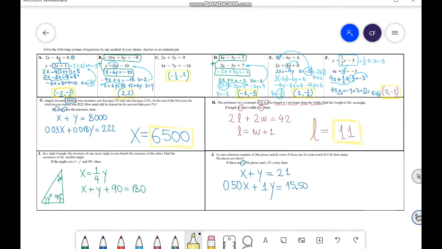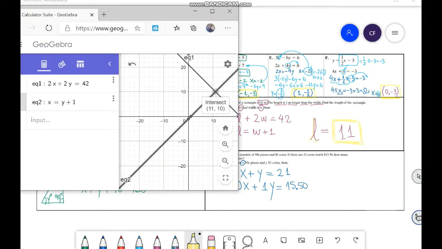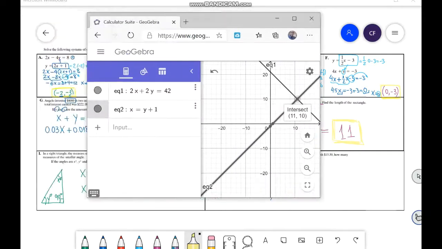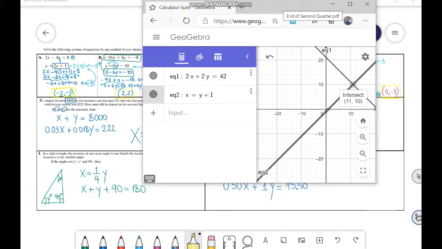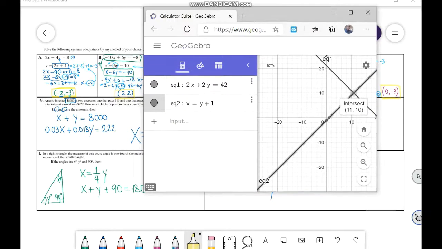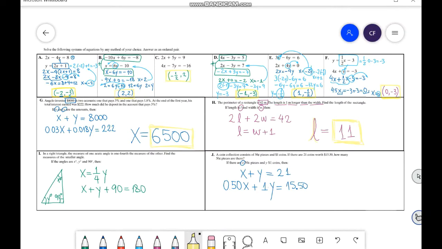Does anyone have the answer for letter I? Anyone got the answer for letter I? That's right, Timothy. Yes. If you type the equations on the graphing calculator, or if you use any other method, you're going to find x equals 18.